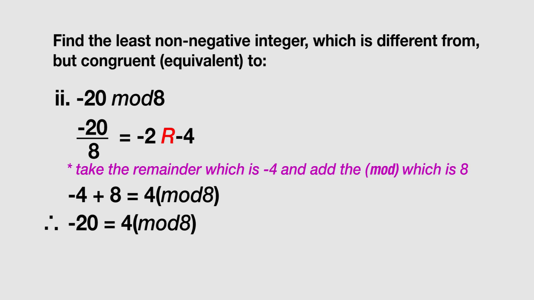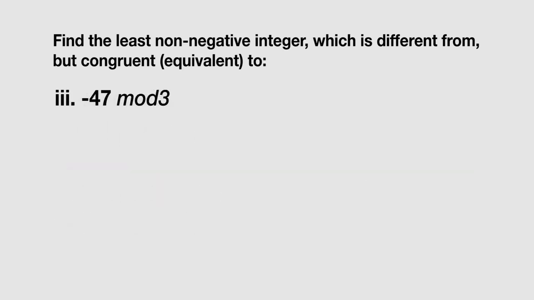Now, let's look at the third example. Are we making any progress? So the question is negative 47 mod 3, and we have to change that to a positive equivalent. So what do we do? We take negative 47, divide by the mod, which is 3.